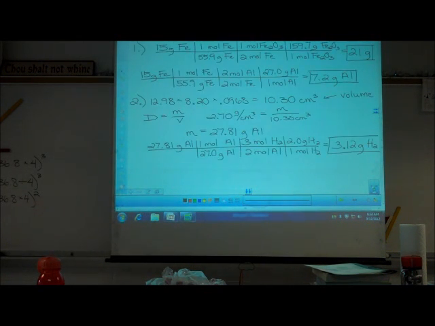If your answer is a few decimals different, she got 3.09, that's okay. If your answer is 47.3, that's a little too far off. But yes, a little difference is okay.